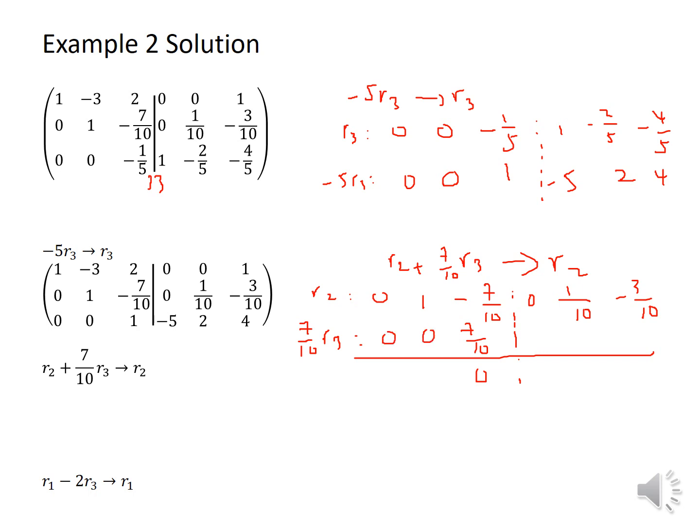So for the 0, multiply 7 over 10 is 0. And here also is 0. And here is negative 7 over 2. 7 over 5 and 14 over 5.